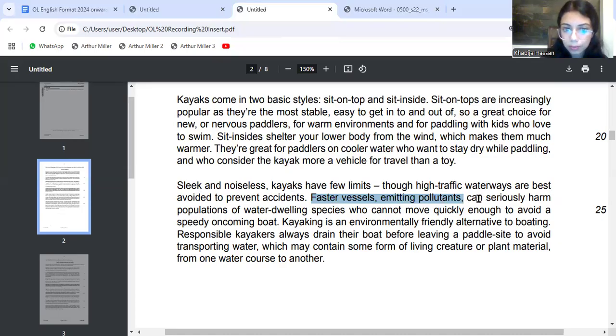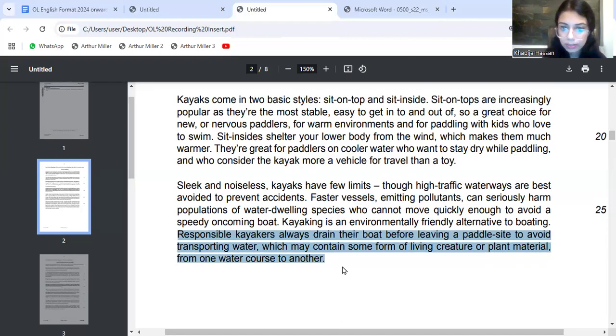Hence, they do not harm populations of water-dwelling species who cannot move quickly enough to avoid a speedy oncoming boat. And then, responsible kayakers always drain their boat before leaving a paddle site to avoid transporting water, which may contain some form of living creature or plant material from one water course to another. And now you will write these in your own words.